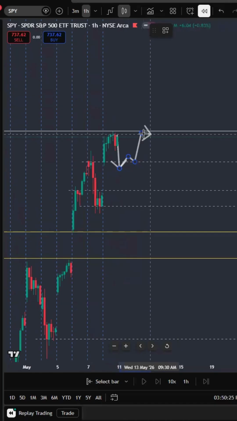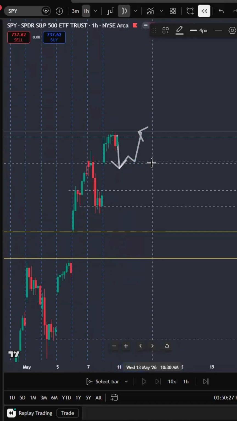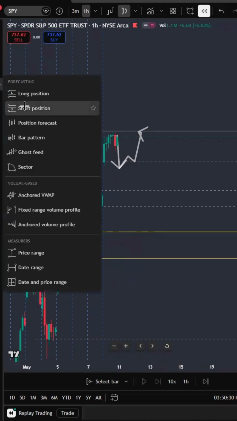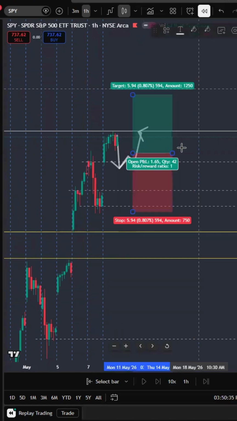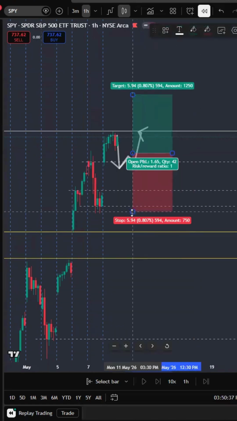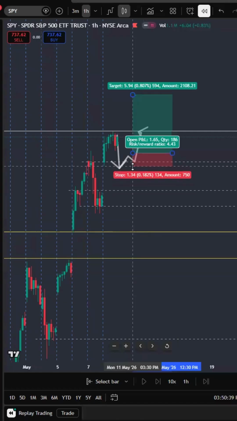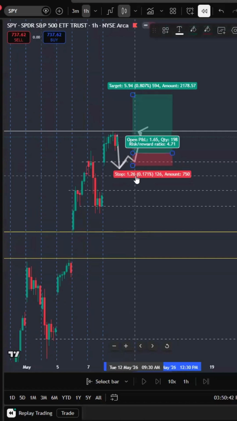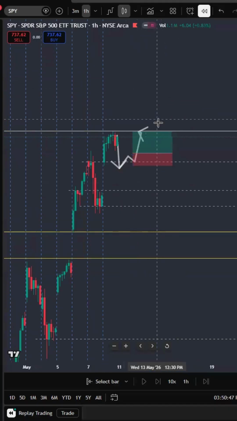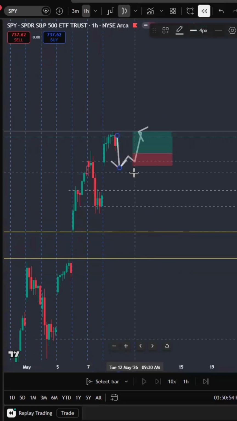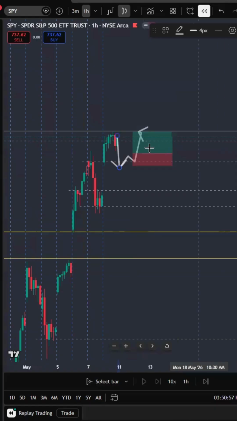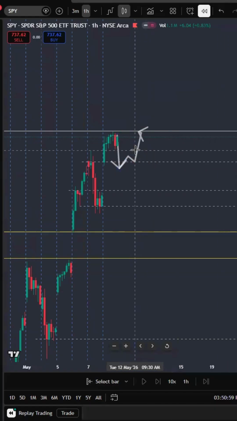And then in that situation, we would target the equal high of 738, getting long something like this, right? Stop loss being below the higher low, targeting equal highs, risk reward ratio of like 1.7. All right, so those are the like 3 major setups I would be looking for going forward on this chart on the next day of trading.